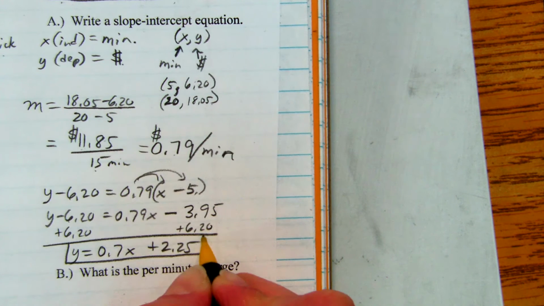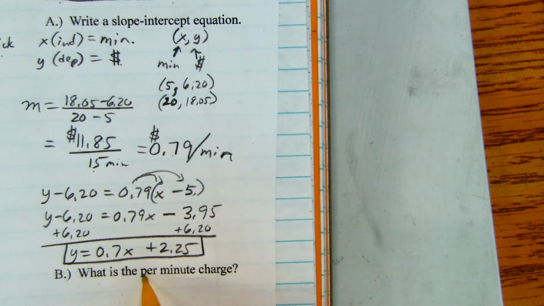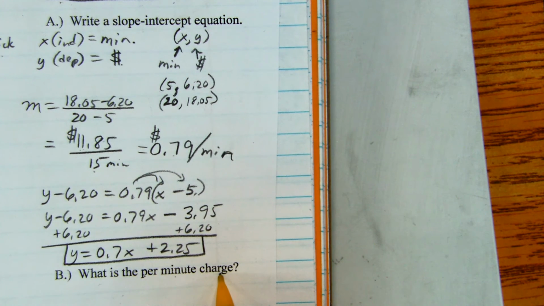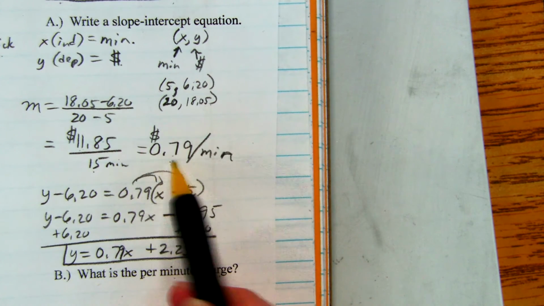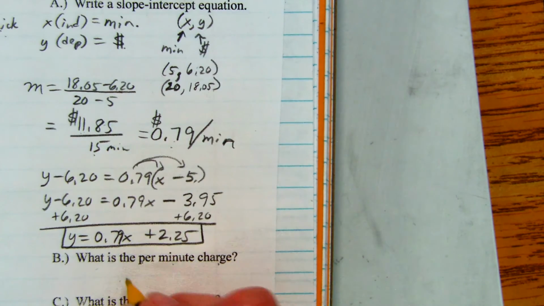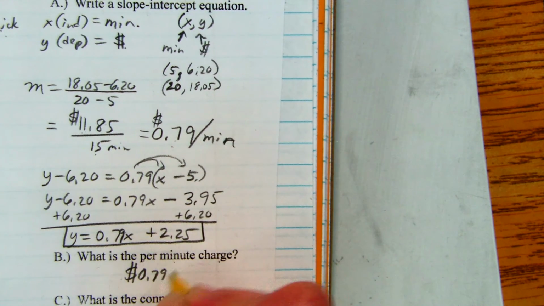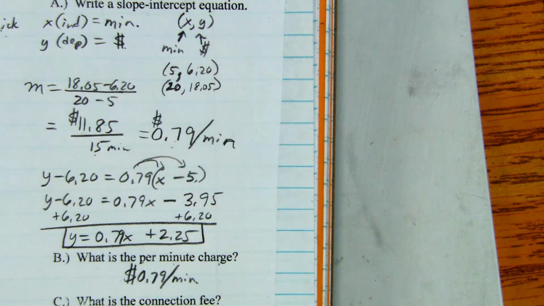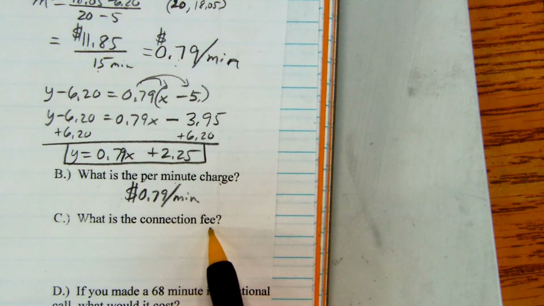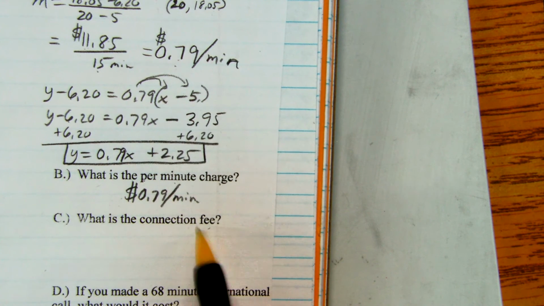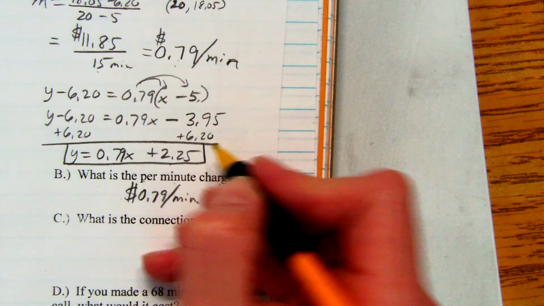Okay. So it says, what is the per minute charge? Oh, I didn't write my 9 on there. So we already talked about that up here. That's my slope. So that's going to be 79 cents per minute. And then what is the connection fee? We hadn't really talked about the connection fee, but there's something extra over here.